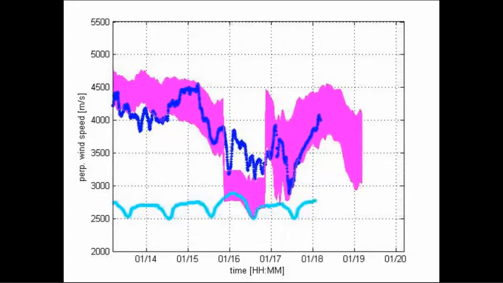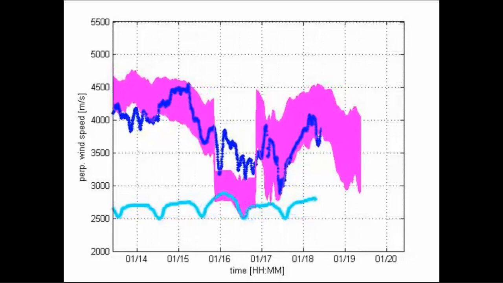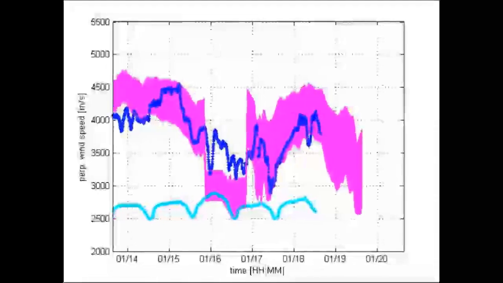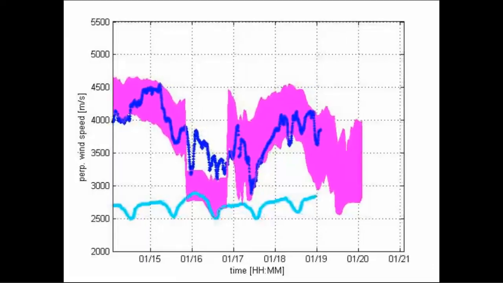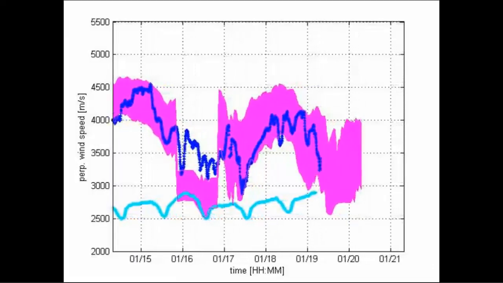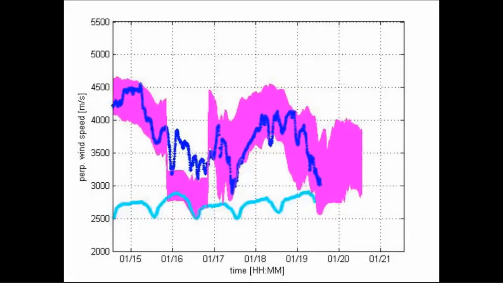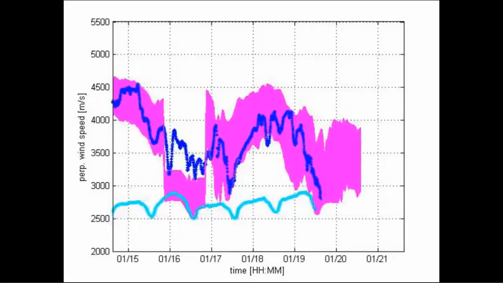And the blue curve is the dynamic line rating that our system provided, and the pink band is the forecast that we computed with our system.